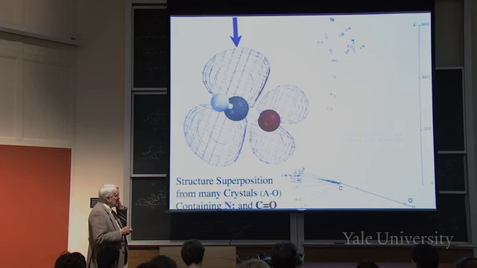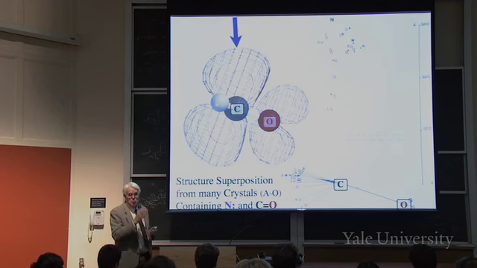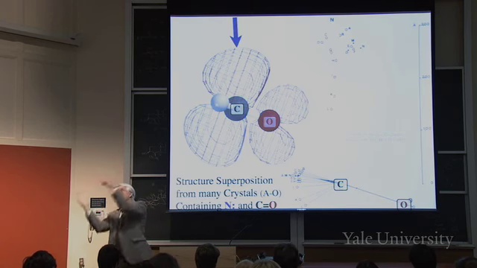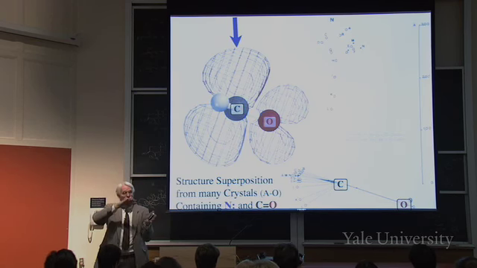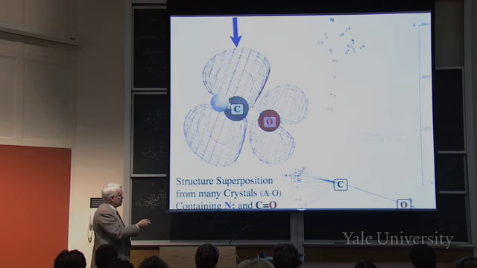Okay, that's the way they would pack in the crystal. Okay, so now, how is this diagram made? Well, notice that the carbon and oxygen are drawn there. So all these different crystals, some have the group oriented this way, some this way, some this way. So you rotate all those crystals so that their carbons are superimposed with one another in all the structures. The carbons are all there.